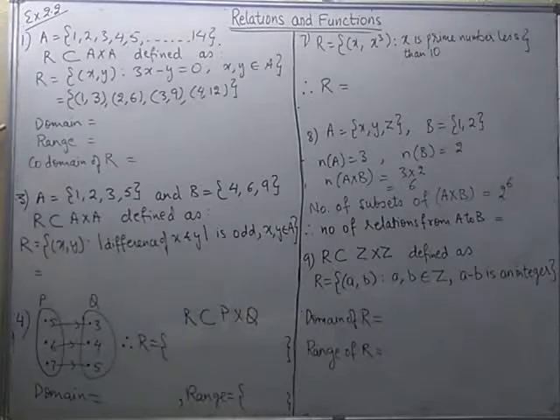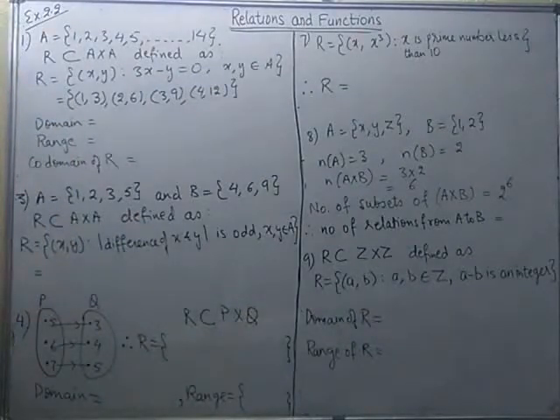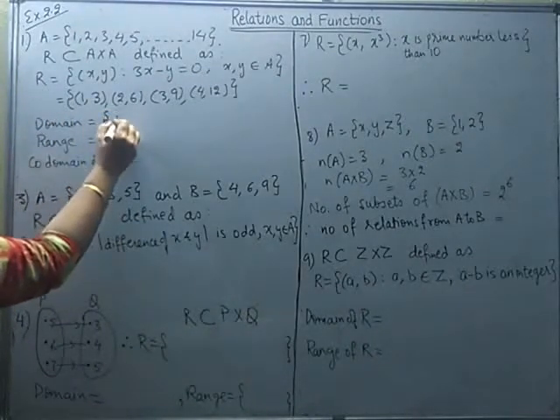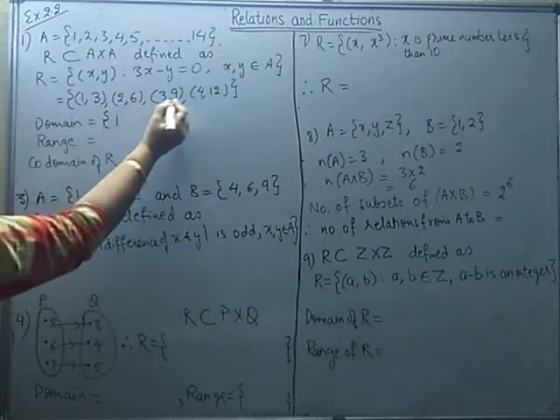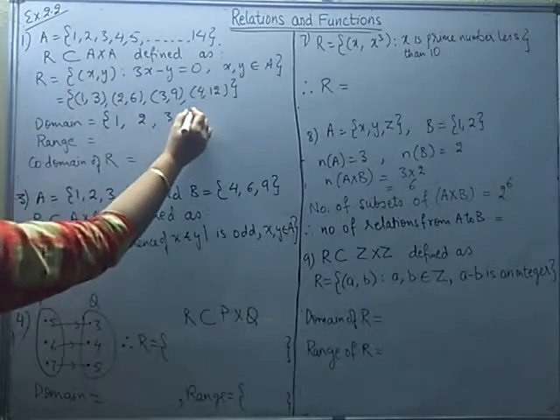Now we will see what will be the domain, range and codomain of this relation. As discussed in previous session, if we have to define domain of a relation, and you know all possible pairs which are in the set relation, then the set which will contain the first elements of these pairs like 1, 2, 3 and 4.